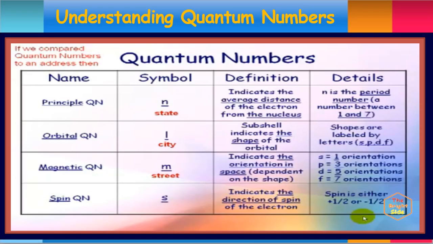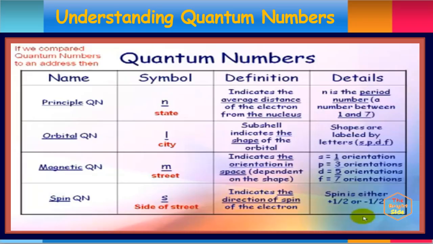Our magnetic quantum number can represent the street we live on, and the spin can represent the side of the street. Now, if you look at street numbers, odd street numbers are on one side, even street numbers are on the other. Each of us have a unique address. Unless we live with our family member or friends, then each of us will have a different address.